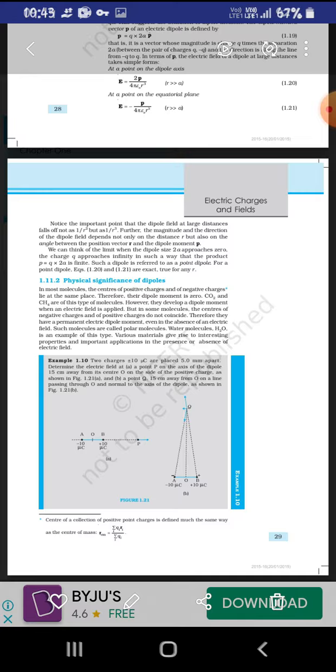Molecules that have a permanent dipole moment even in the absence of an electric field are called polar molecules. Various materials give rise to interesting properties in the presence or absence of an electric field, making a dipole.